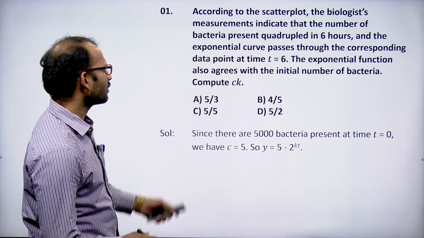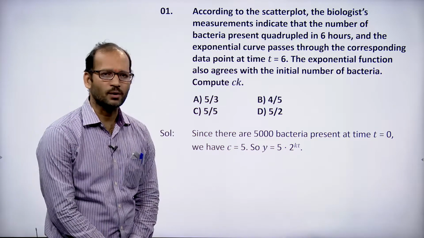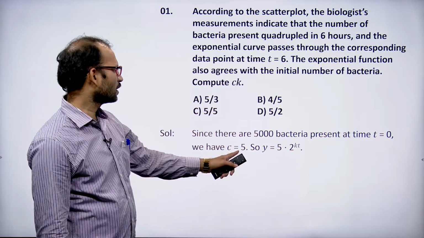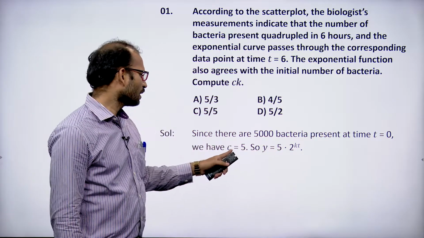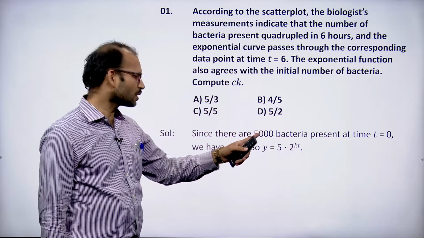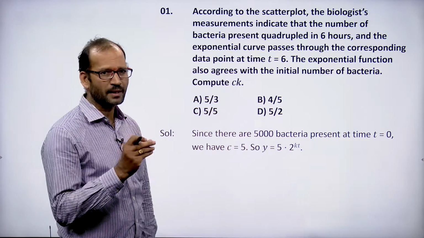Since there are 5000 bacteria present at t equal to 0, we have C equal to 5. So y equal to 5 into 2 power kt. Initially at time t equal to 0, 5000 bacteria is there, right?